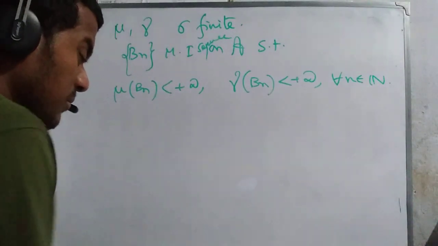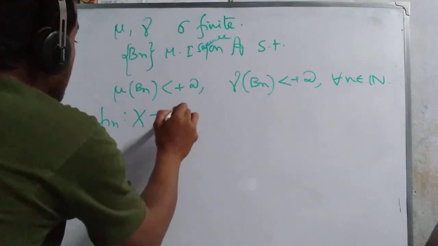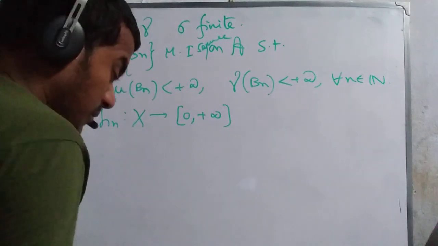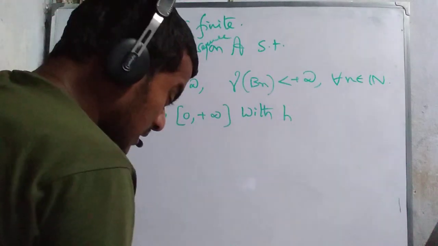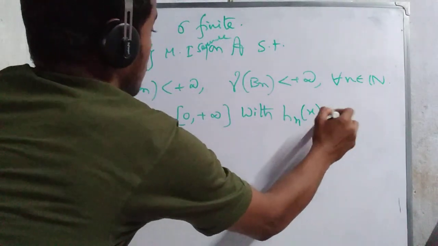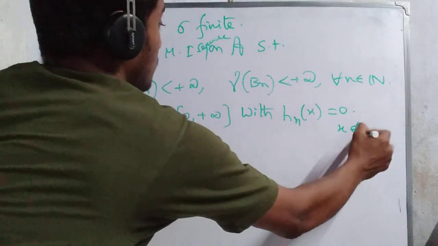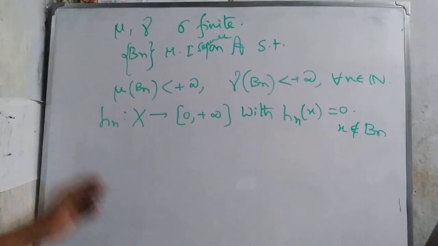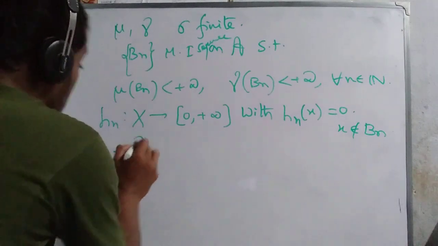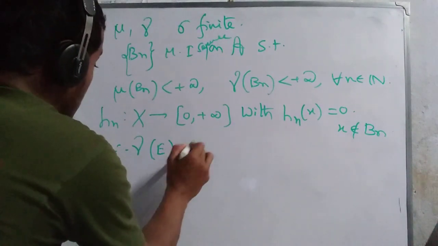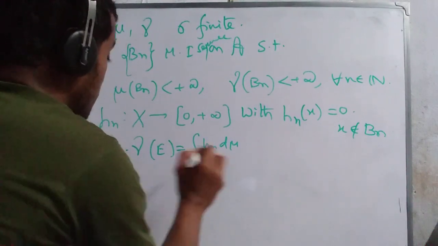Then we obtain a measurable function h n from x to 0 to plus infinity, with h n of x equal to 0 for x not belonging to b n. So here gamma of e equals the integral of h n d mu over e.